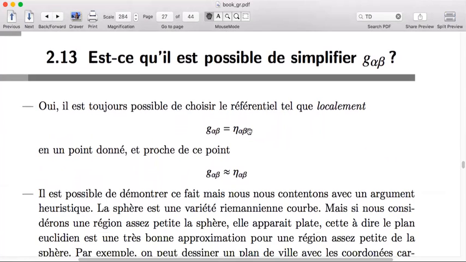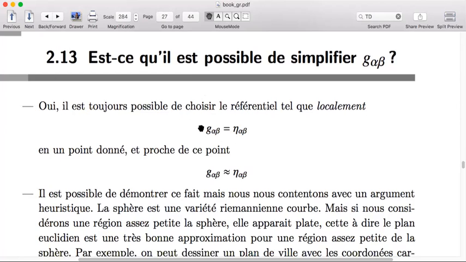But before I get there, I want to tell you about a really important fundamental fact that we're going to prove later. And that's that you can always change your coordinates such that the metric, at least locally, looks like the Minkowski metric.